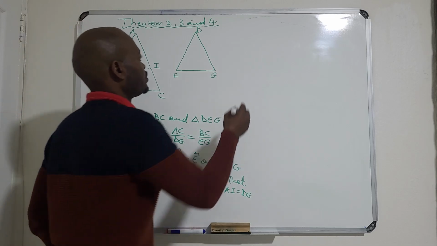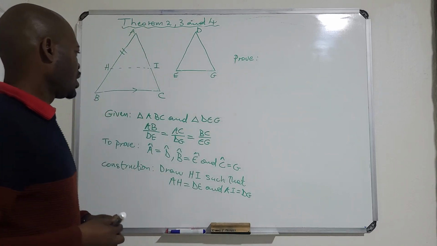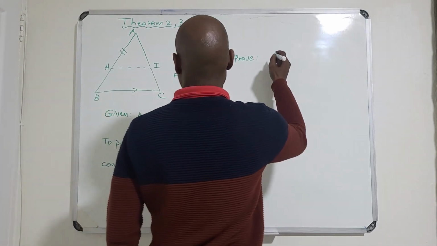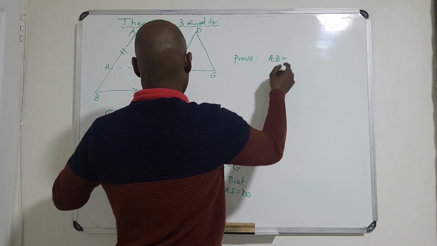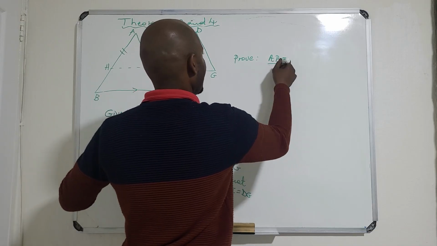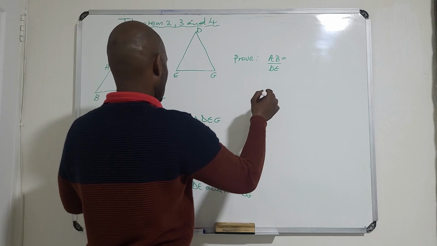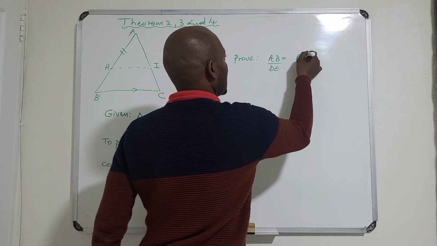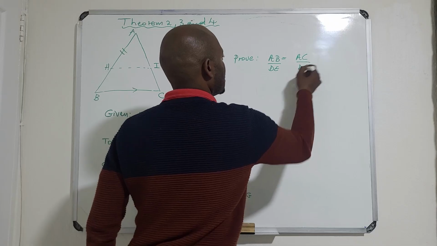Now let's prove. We are given AB over DE is equal to AC over DG.